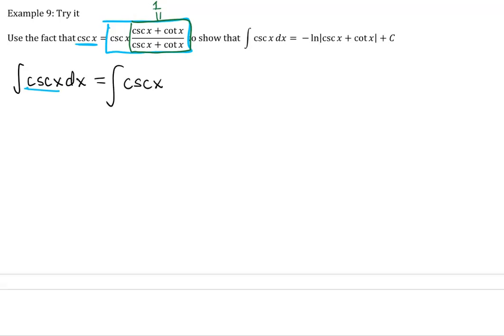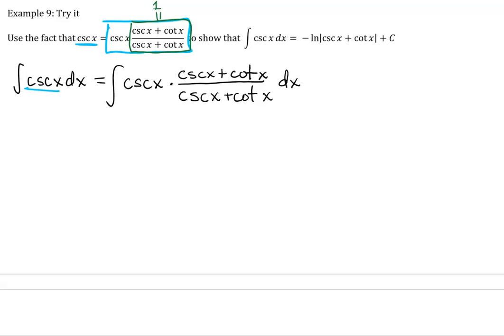So I'm going to rewrite this as not just cosecant x, but I'm going to multiply it by this cosecant x plus cotangent x, and I will also be dividing by this cosecant x plus cotangent x. And then of course we'll be adding our dx at the end. So it is in rewriting it like this that we are actually able to do our integration.